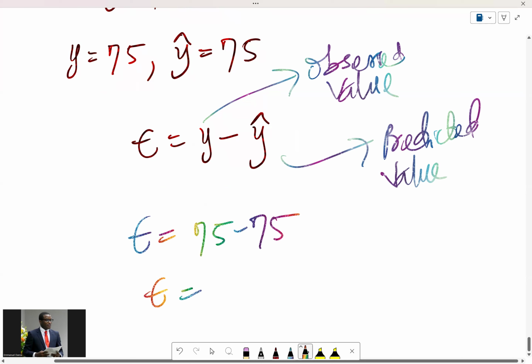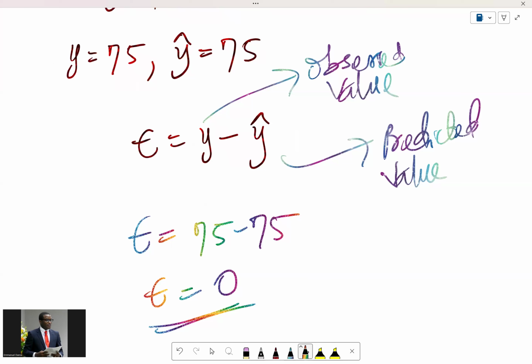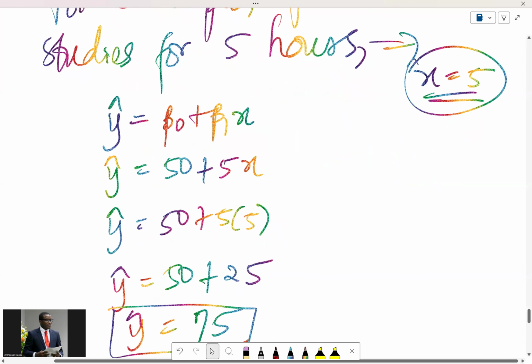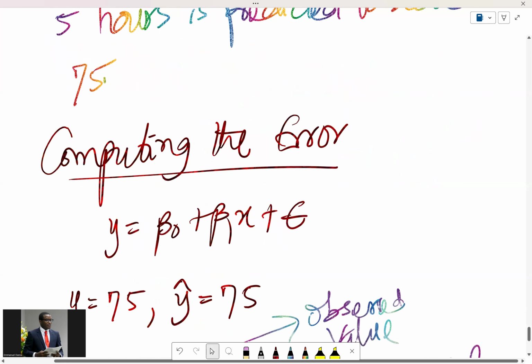So the error in this place is 0. That is, we have a perfect linear regression. That may not always be the case because this data is made up. So when you have real data, you will most likely have a specific error that goes with the data. But this has helped us to establish the case.